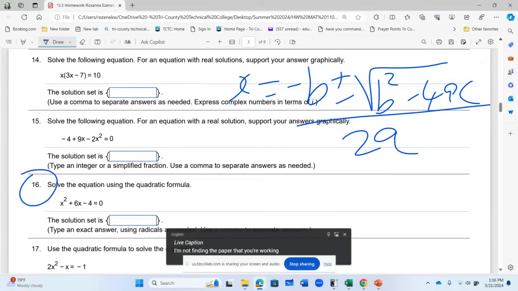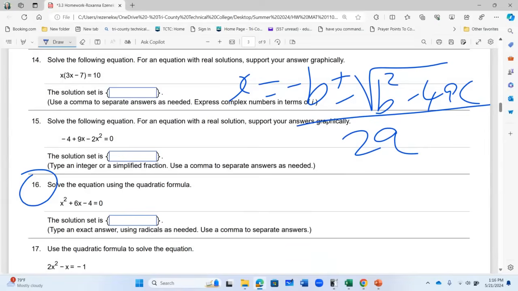We are trying to solve this number 16 by quadratic formula. Okay, and the first thing I want to check is, is it in standard form? Yes, it is. The leading term, the first term, is degree 2.